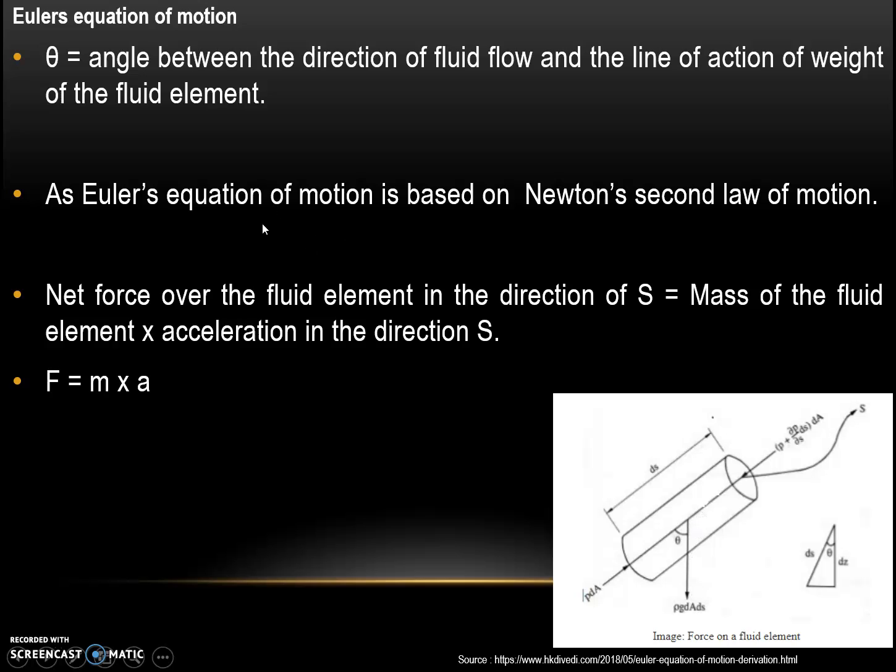And we know that Euler's equation of motion is based on Newton's second law of motion. So the net force over the fluid element in the direction of S is equal to the mass of the fluid element into acceleration in the direction of S. So we write F is equal to m into a.